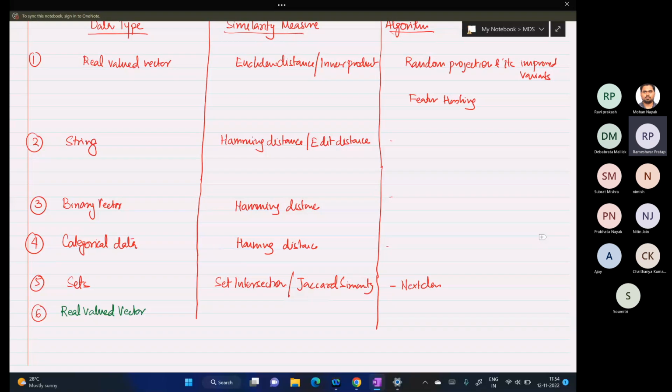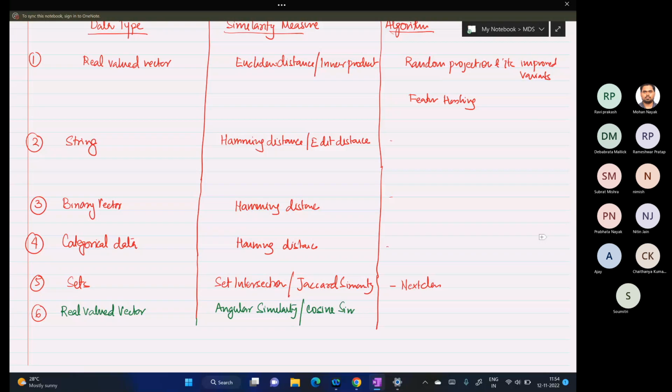And can you think of any other similarity measures in case of real valued vectors? There is one which is called angular similarity. Sir, or is it cosine? Okay, cosine similarity.